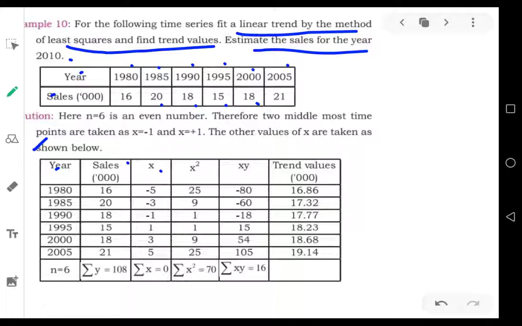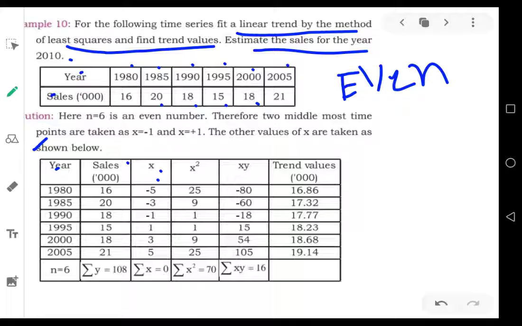Now, in the last sum, I was telling you, when there is an odd number of years, take 0 for the middle year, then -1, -2, -3 above, and +1, +2, +3 below. And in this case, if you see you have 6 years here, that means you have an even number of years.